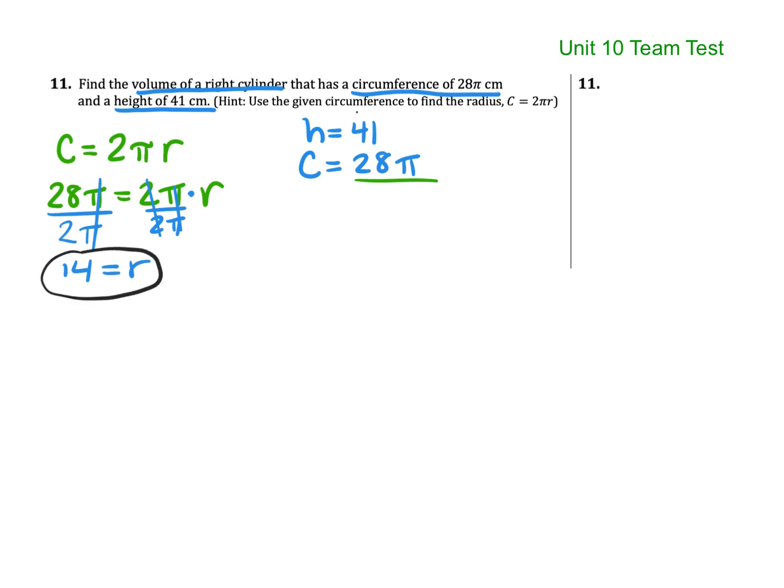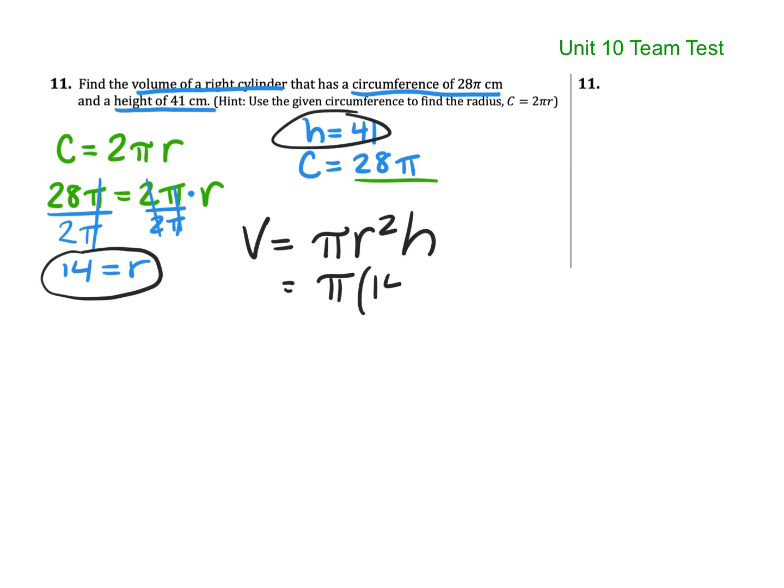Now we have everything we need to calculate the volume. The r is 14, the h is 41, and the volume of a cylinder is pi r squared h. So here that's pi times 14 squared times 41. And I can take my calculator and do this all in one, or I can split it up, but I need 14 squared times 41.